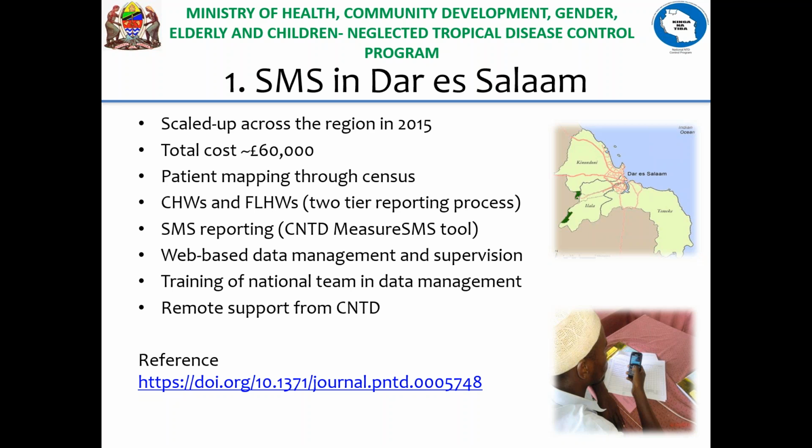And the training was done. The national team trained the district and the frontline health workers to send the messages. And we had great support from CNTD, though it was remote, not in the field. We have published this work in the journal and in the reference, which is shown in the slide here.